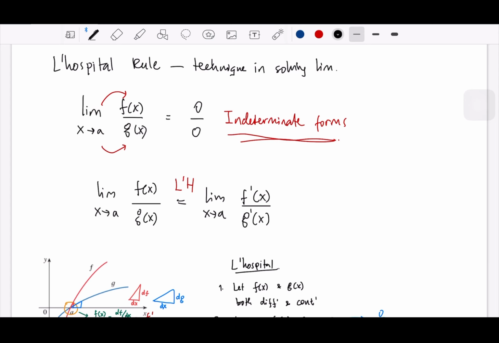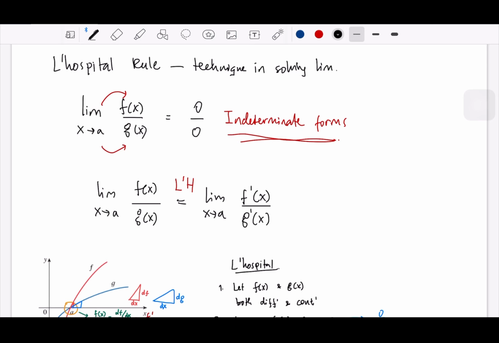We call this situation the indeterminate form, which means we are not sure whether it is going to be 0, or 1, or infinite. There are many possibilities. So that's why we invent a method that we call the L'Hôpital's Rule.